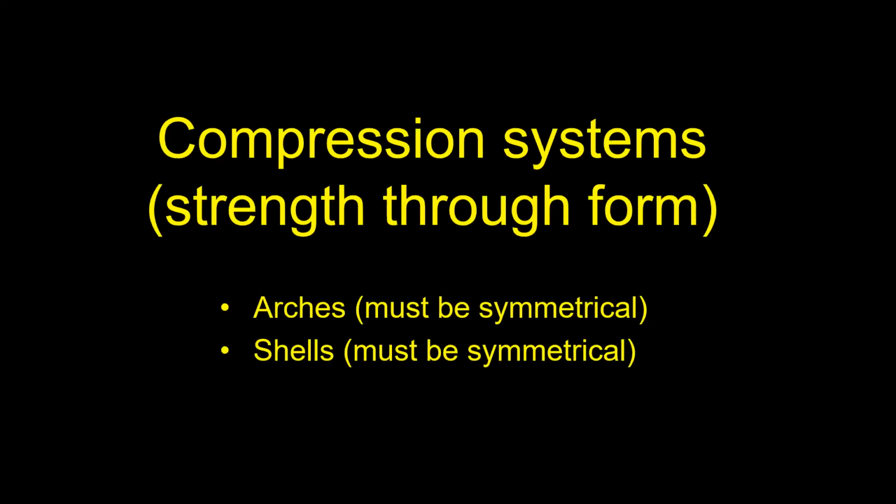Like arches and shells are strong just because of their shape, their symmetrical shape. I mean, you know how strong hen's eggs are. The shells of a hen are very thin, but yet those eggs are very strong. And it's purely because of their form or their shape.